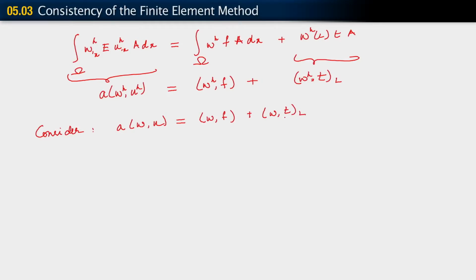Now, remember what we say here for the weighting functions.